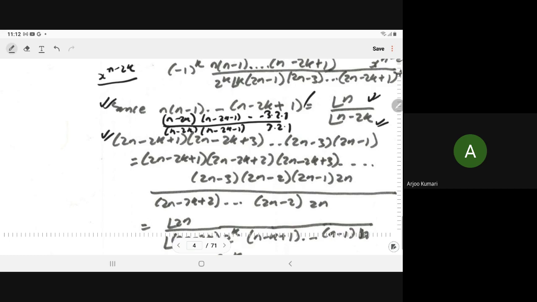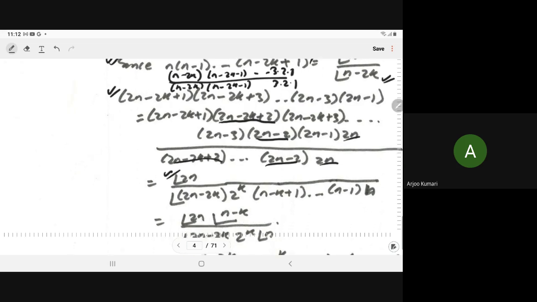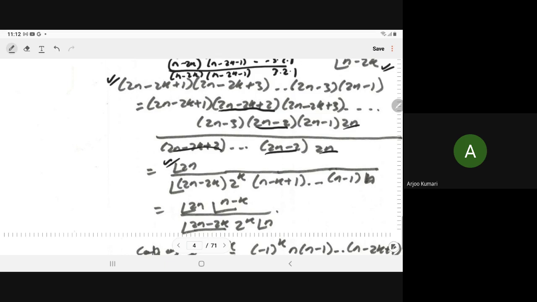In this, if you multiply and divide by (2n-2k), (2n-2k+2), (2n-2k+4), then (2n-2), then 2n, what will be the numerator? The numerator will become the factorial of 2n, and in the denominator we have (2n-2k+2)...(2n-2), 2n.